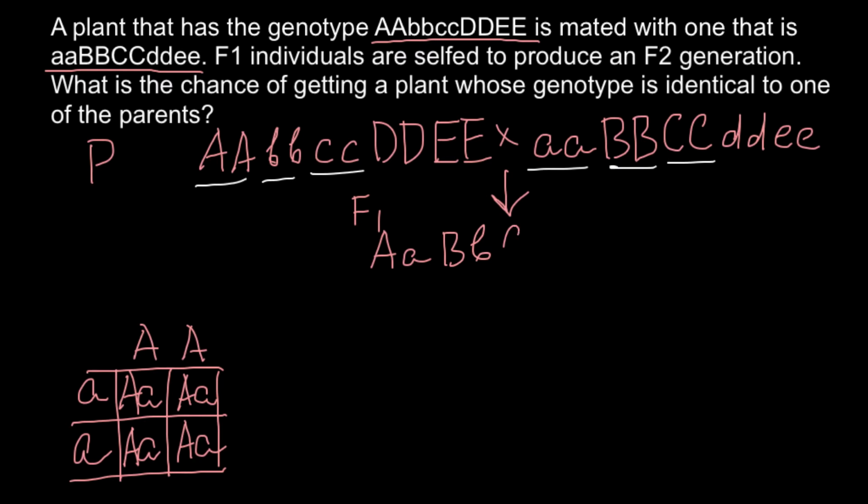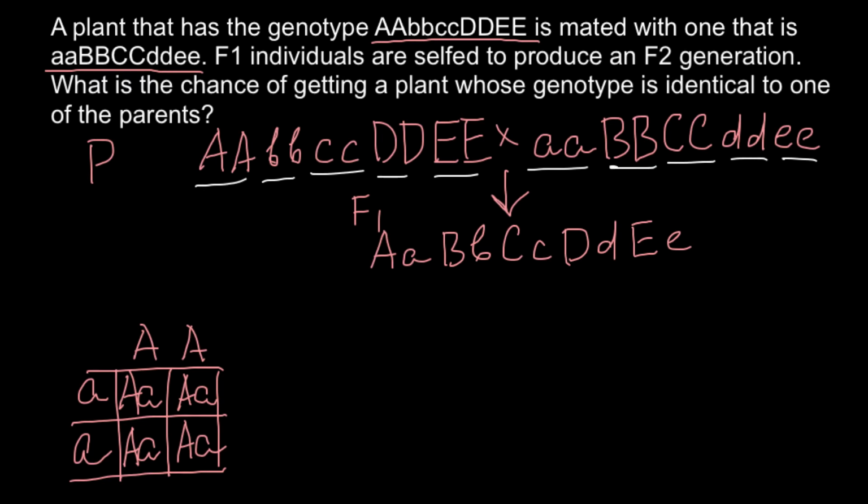So heterozygous for the gene C in the F1 generation, and the same for the gene D. So we are going to get capital D, small d here, and the same for the gene E. We are going to get capital E and small e here. So this is going to be the genotype of the F1 generation.